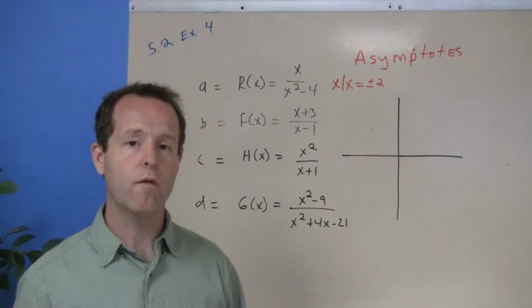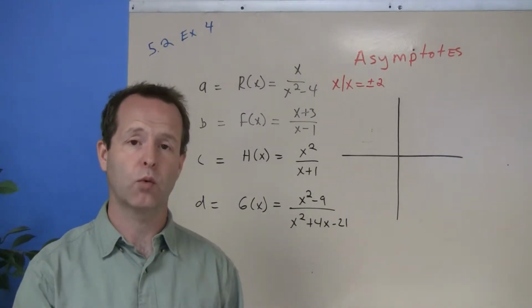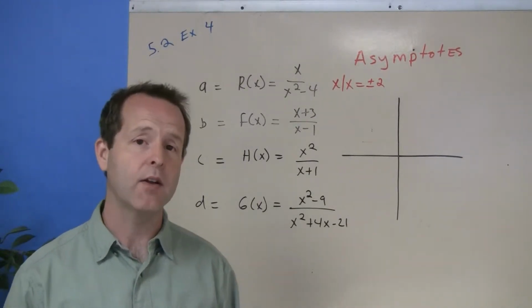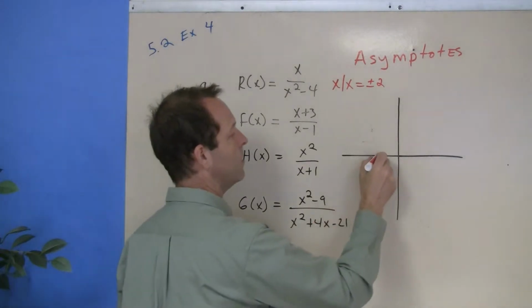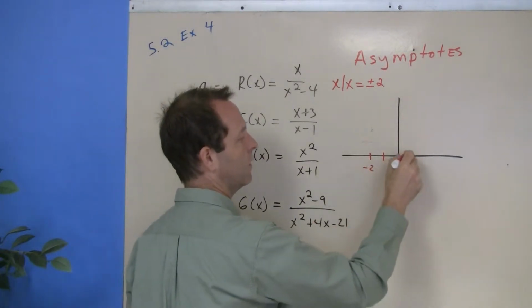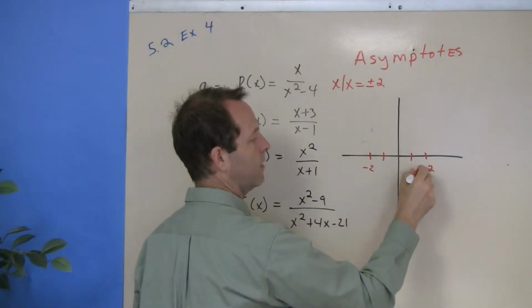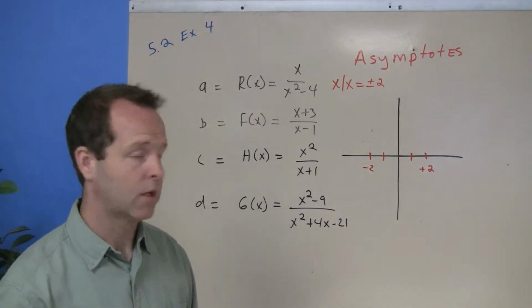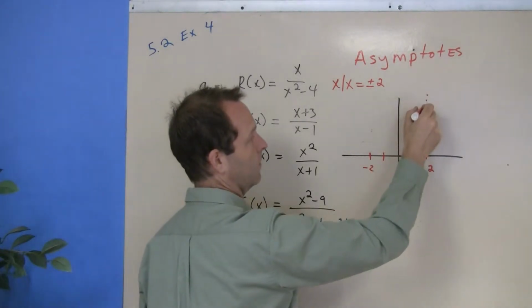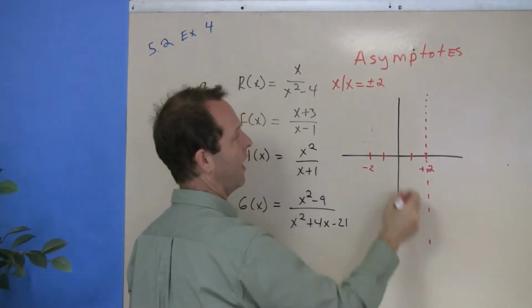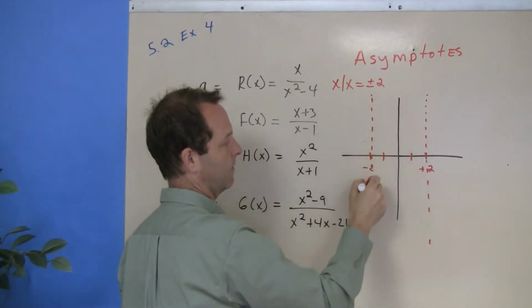How that carries over when we graph is that the graph does not have values at those x points. So what I would do then is put in vertical asymptotes, and a lot of times we just designate them by dotted lines.